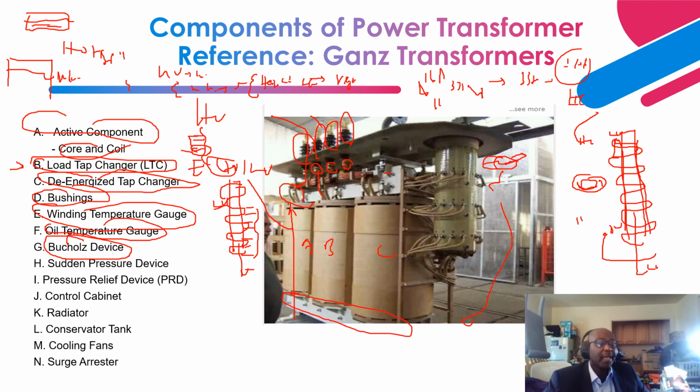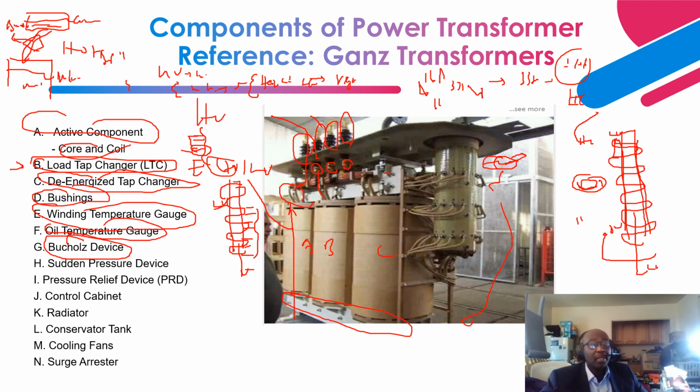In between the conservator tank and the main tank, we have a downcomer piping, and at the middle part of the downcomer piping is your Buchholz device. The Buchholz device has three functions, and we'll come to that in another question, and I'll explain to you. The Buchholz device is installed in between the conservator tank and the main tank.